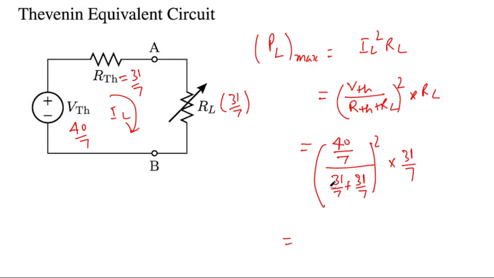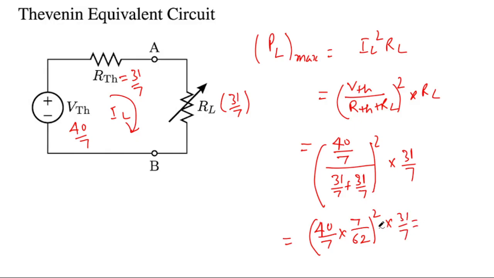Let us simplify this. 31 plus 31 is 62, so it is 40 by 7 divided by 62 by 7, squared, multiplied by 31 by 7.